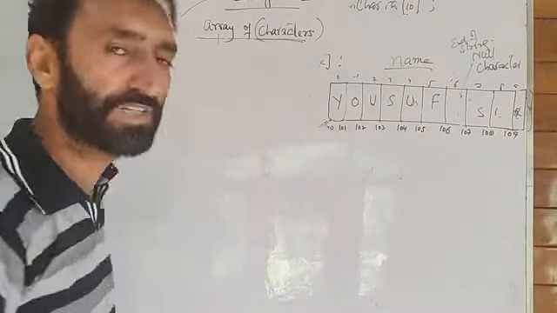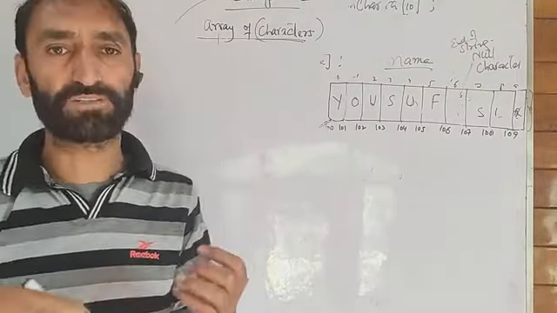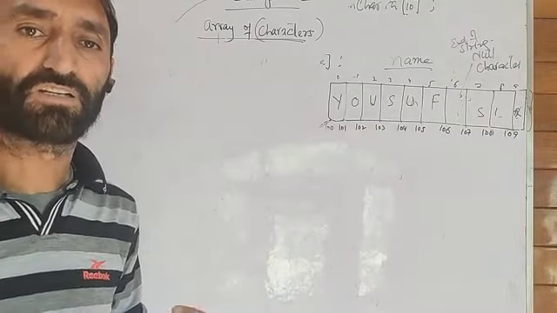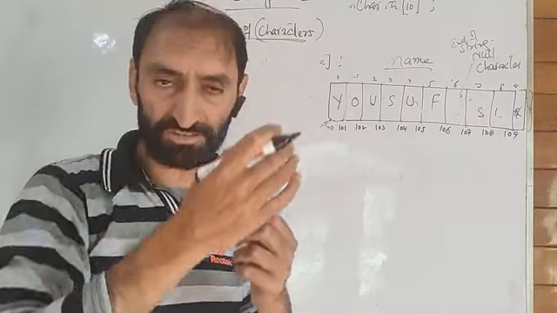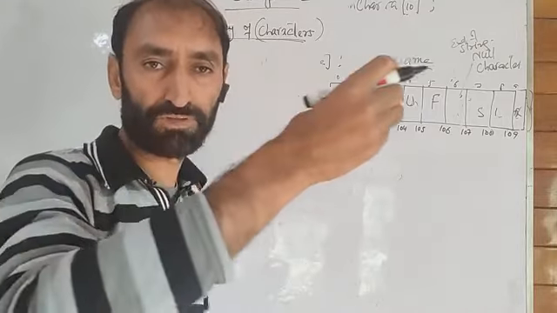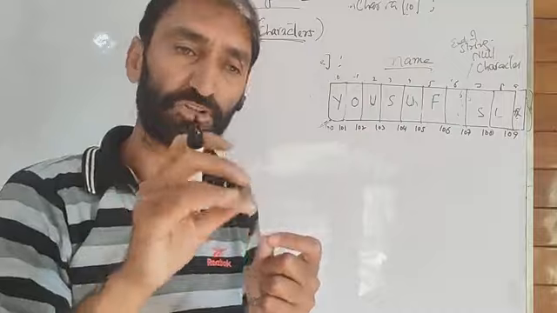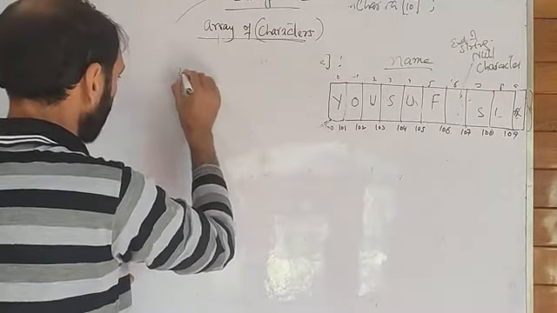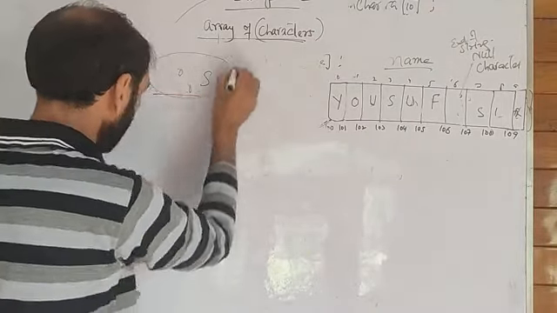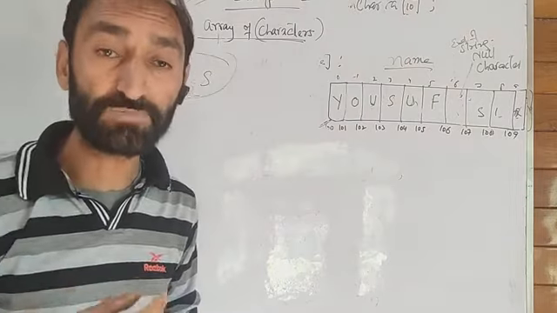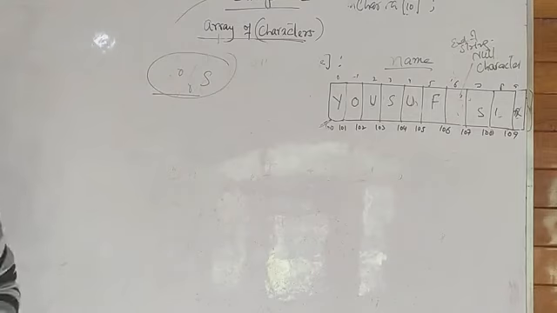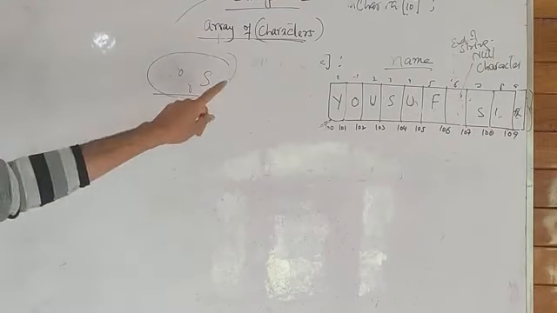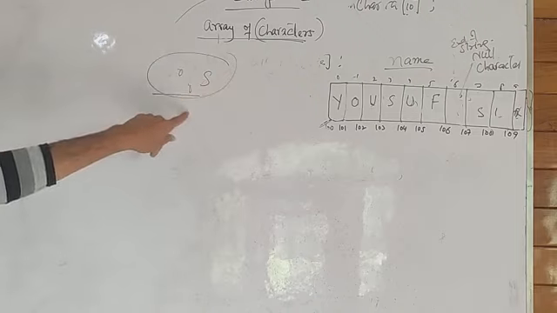The format specifier for int is %d, for char is %c, for float is %f, and for string is %s. %s is the format specifier for strings in C.